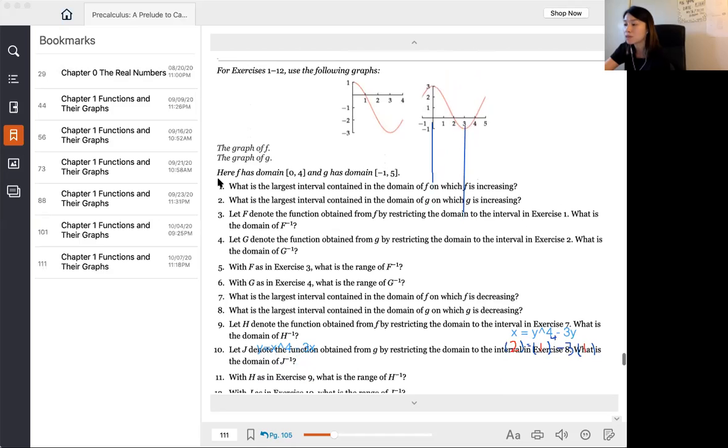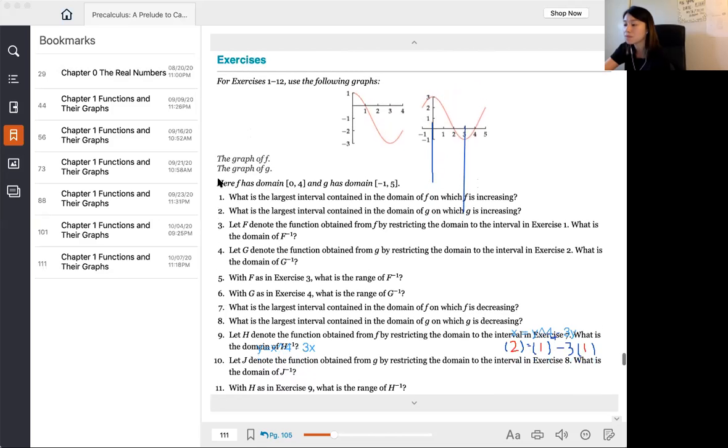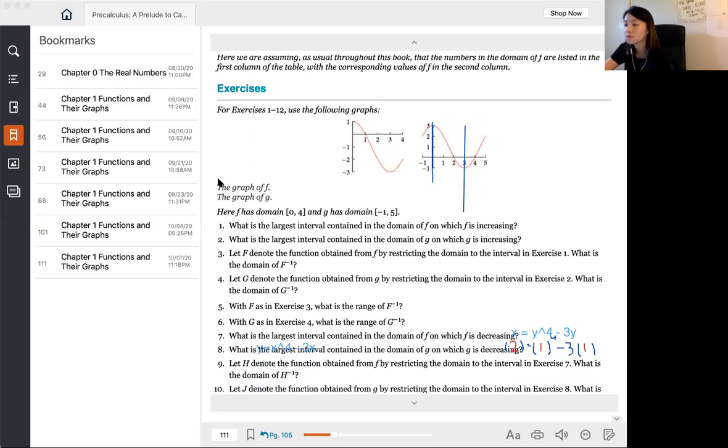Getting the interval for number 8? Let me know. No. Not quite. Okay, we can go over it.